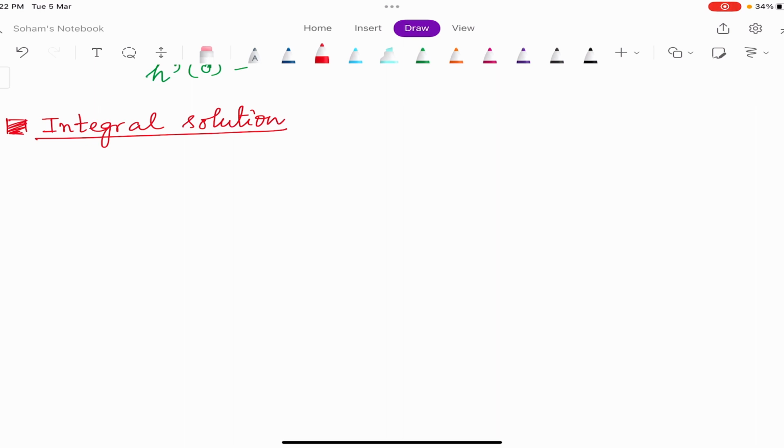At first we went for something called scaling or the order of magnitude analysis.